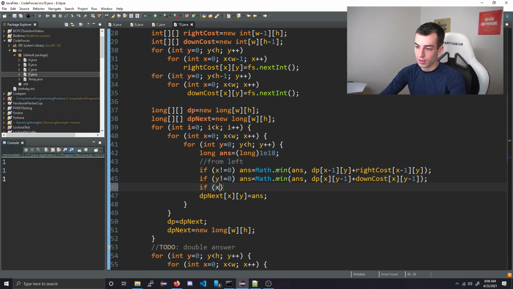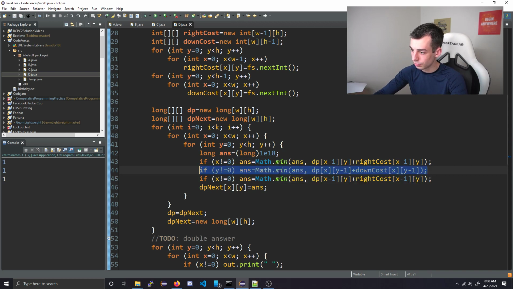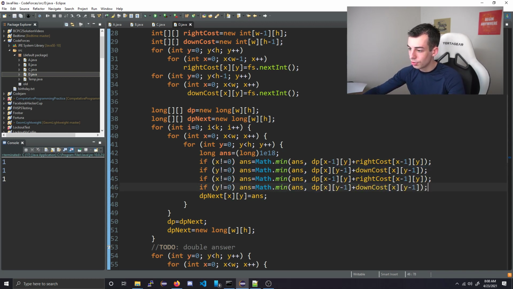All right, if x is not equal to width minus 1, it equals math.min. So this is x plus 1 plus right cost at xy.